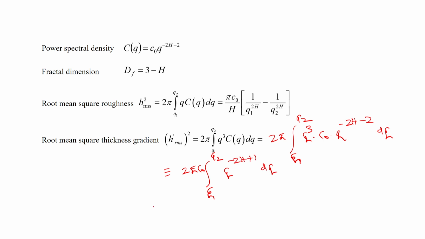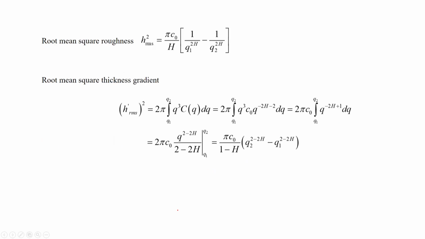So this will be 2 pi C0, and this is minus 2h plus 1. So it will be minus 2h plus 2, and here it will be q to the power minus 2h plus 2, and limiting values are q1 and q2, and then you can get the final value. So this 2 minus 2h plus 2 is here, so this 2 will get cancelled, and finally we get a relation like that.